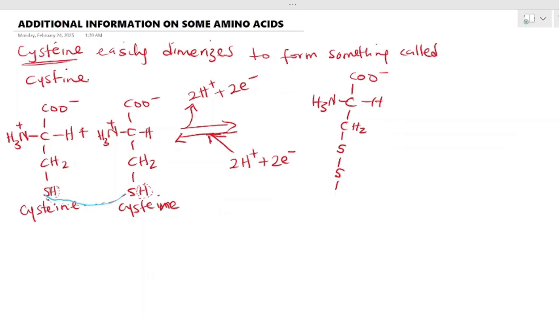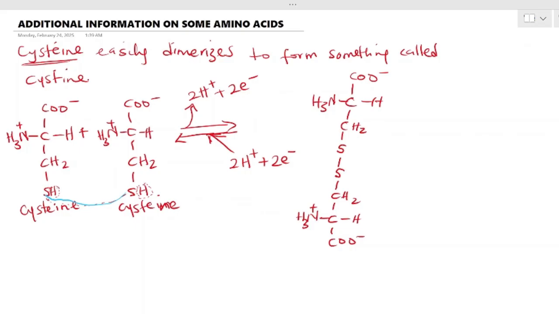Okay, CH2, and you have attached to your alpha carbon, and this is attached to an H, and this is attached to an NH3 plus, and this is attached to a carboxylic group.